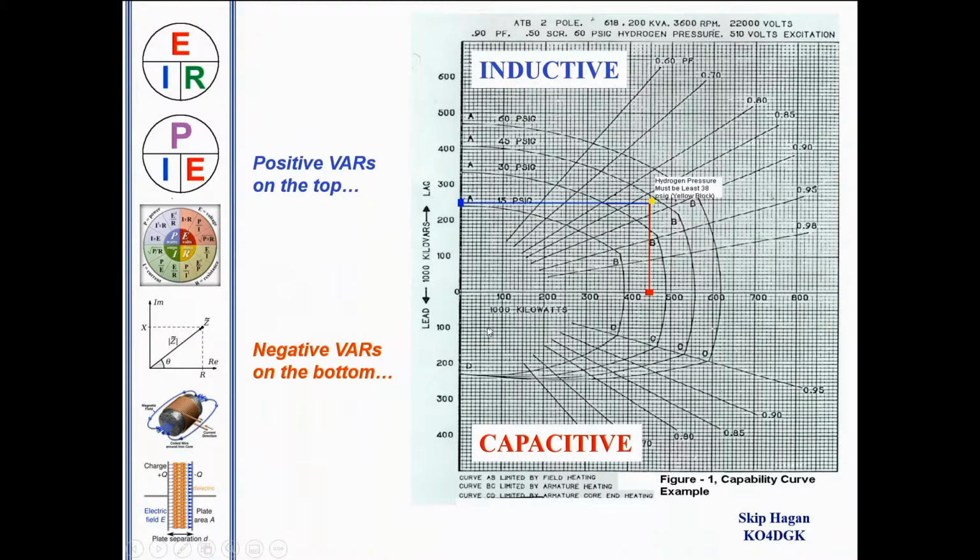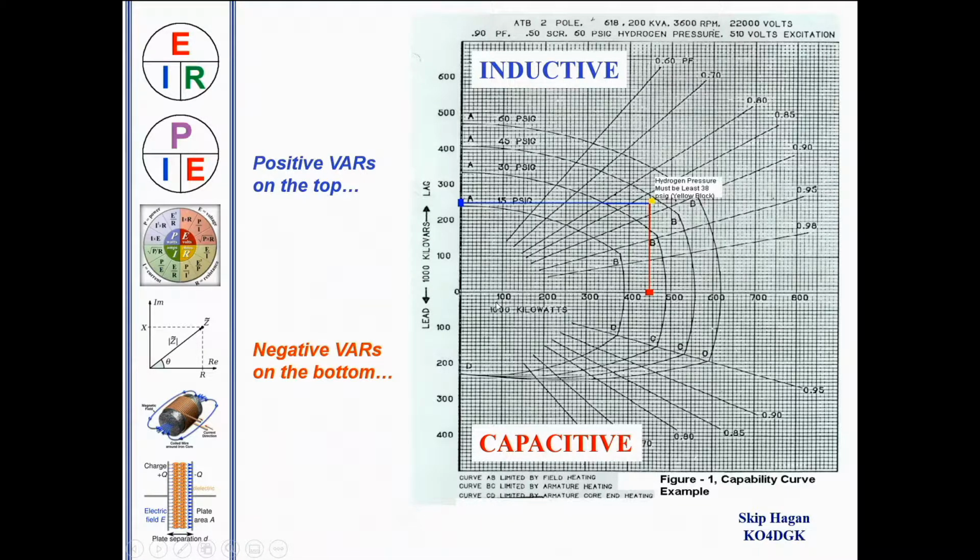But if you'll notice over here, on the left side, on the y-axis, we have megavars, okay, or kilovars. But this is our reactive line. We have zero here at the middle where we have no reactive at all. And over here, this horizontal or x-axis is in megawatts, or in this case, thousands of kilowatts, which is megawatts.